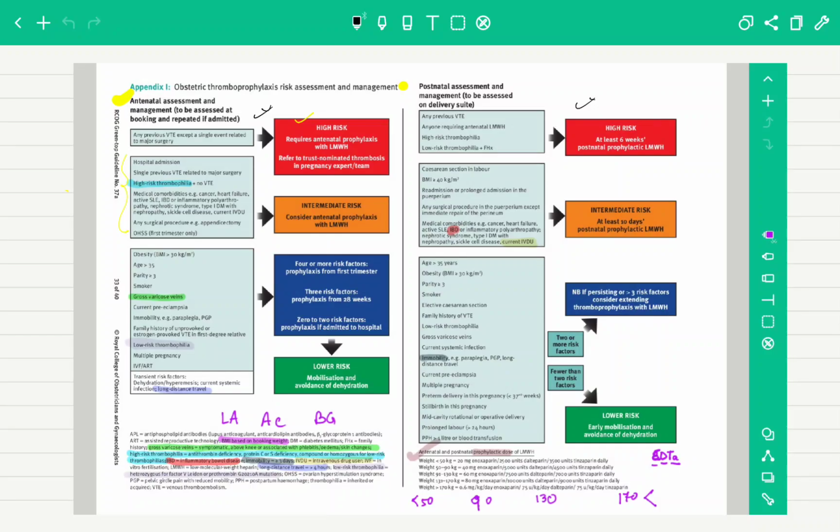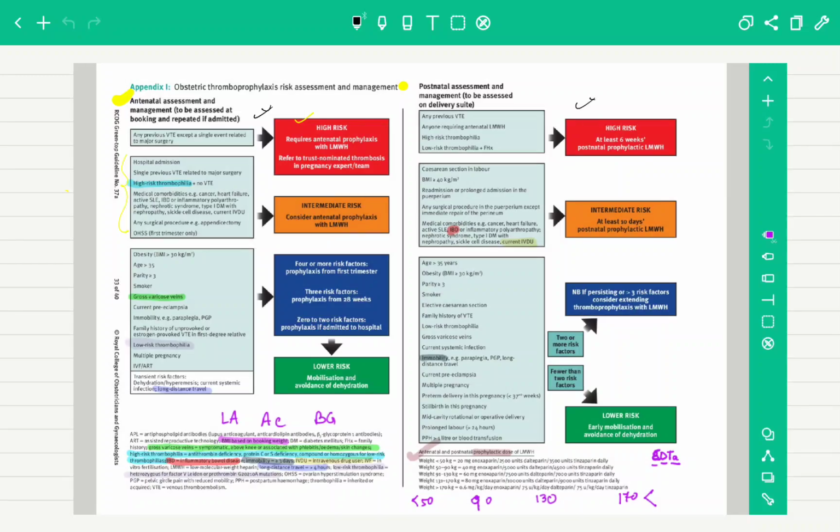Apart from that one event, almost all the cases of patients with previous venous thromboembolism will be categorized in the high risk category. This one exception falls into the intermediate category.